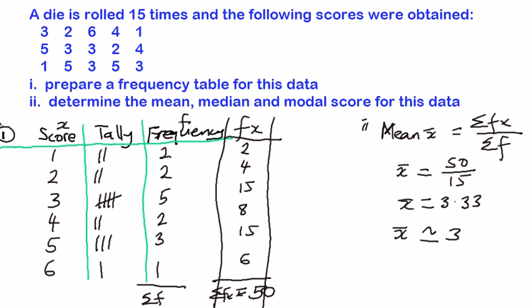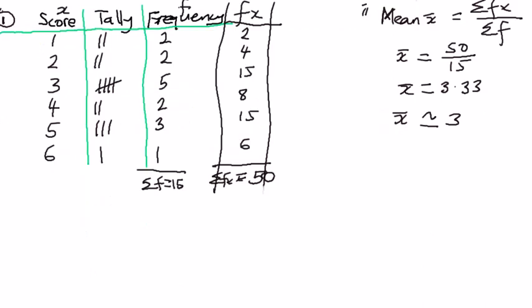Now the next one is to determine the median. Let's recall that the median is the middle number when the given set of values are arranged in order of size. So we first determine the median position.